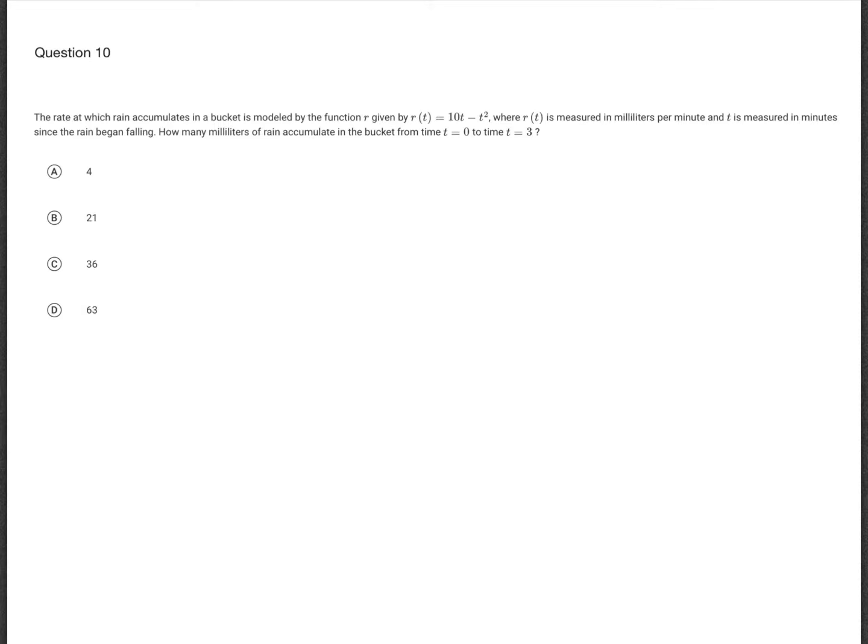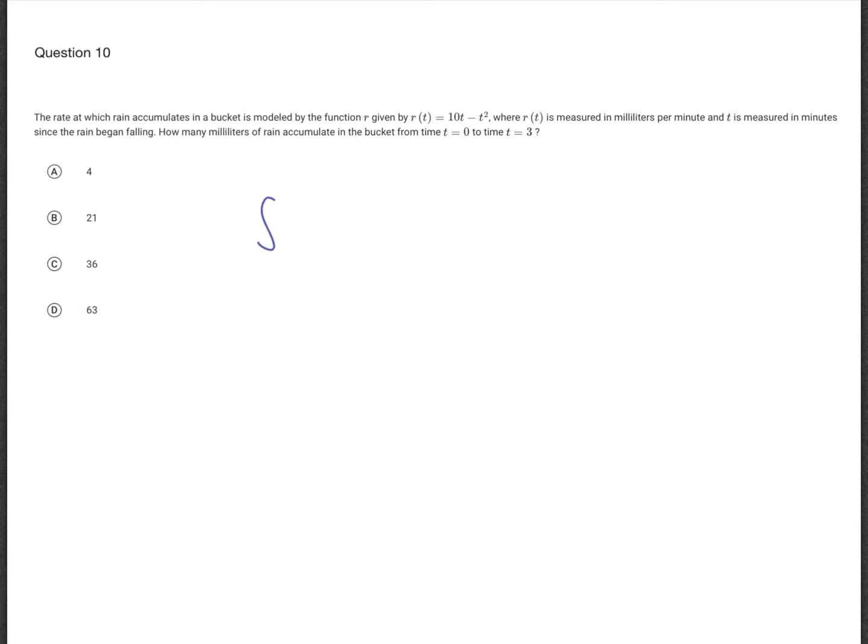Okay, so first off, they talk about the rate at which rain accumulates, which is given by this function. So this is a rate function. And then we want how many milliliters of rain accumulated in the bucket from t equals 0 to t equals 3. So we want an amount of rain, but we're given a rate function, so that's perfect for integration.